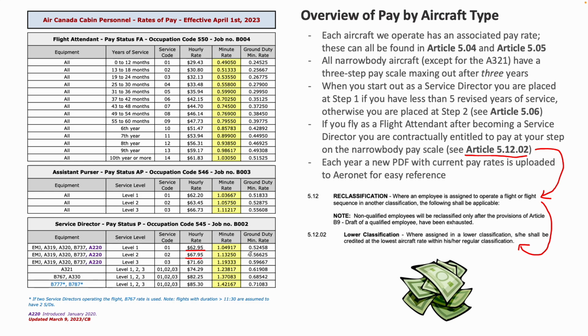Or if you're at step 3, then $71.60 per hour. Note that sometimes the rate that is given to you when flying as a flight attendant might be different to this, but this is what you're entitled to at the very least.